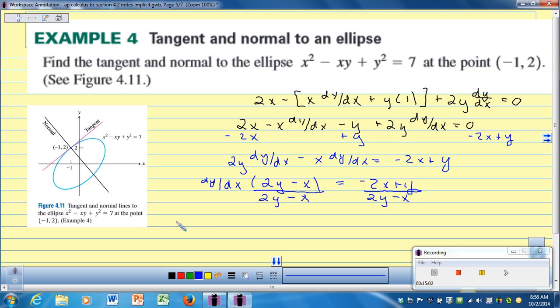All right. And now for the tangent line, I'm going to have y minus what value? 2 equals my m, I'll find in a second, x then what? Plus 1. I need my m when x equals negative 1 and y equals 2. So I'm going to get negative 2 times negative 1 plus 2 over 2 times 2 minus negative 1.